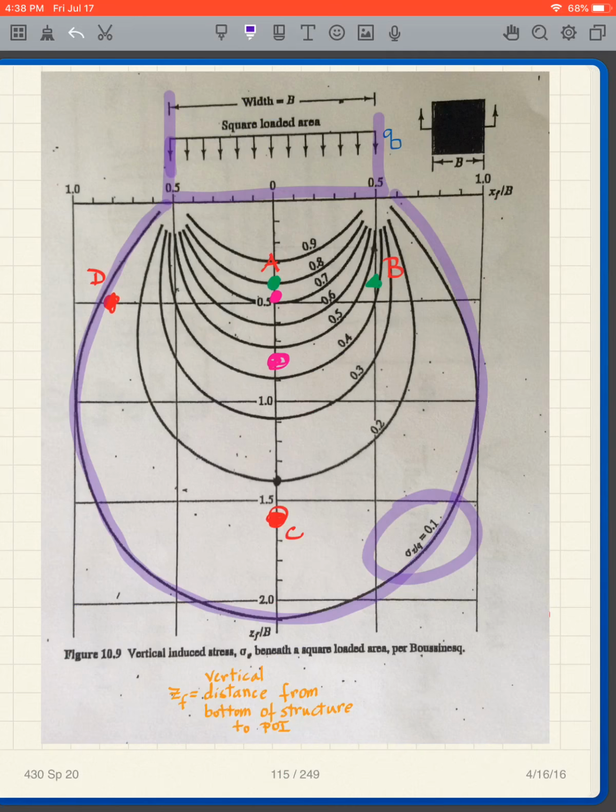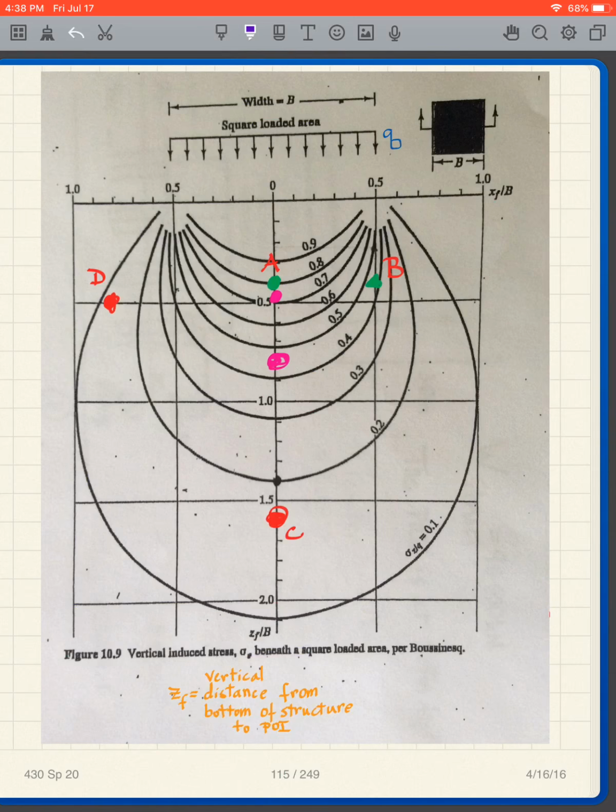So if we consider that to be pretty low, anything deeper than that barely feels the structure. In other words, if my point of interest is down here, I'm below the lowest contour, and for our conceptual study here, we're going to say that that's negligible.